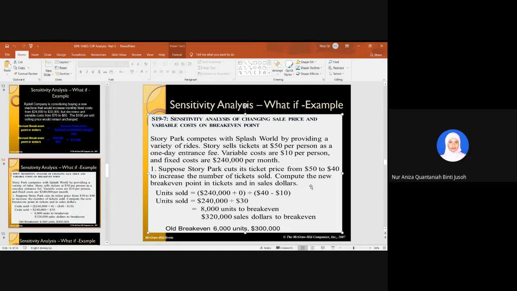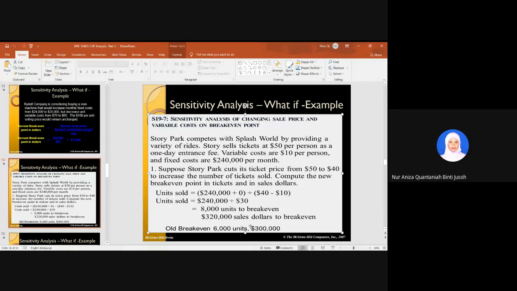Then 240,000 divided by 30 over 40 gives 320,000 sales dollars to break even. The old break-even is 6,000 units and $300,000.